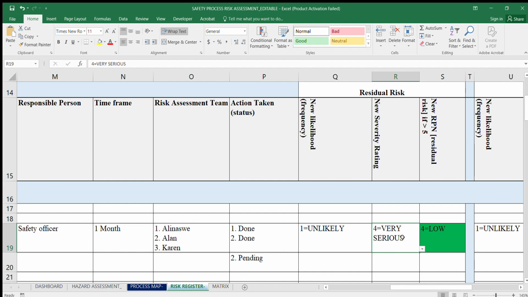Let's say in that chance someone gets exposed, it means that the severity will still be very serious. But at this particular point, your risk has reduced to a low risk. And that is what we want. We want the risks to be low and not moderate or high or very high. So we need to always have at least the lower risks. So at this point, your risk is acceptable.